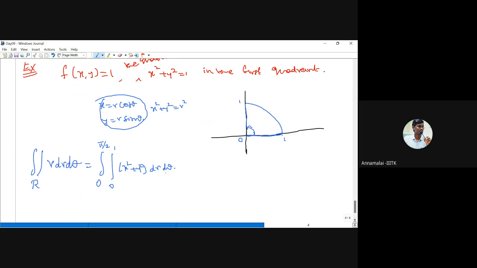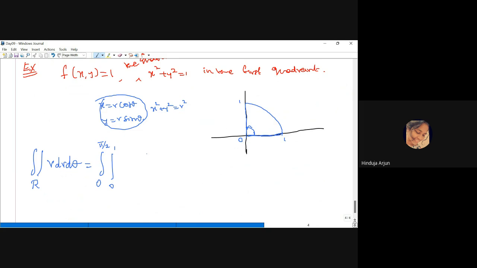Correct or not? Yeah, no, maybe, sorry, we can read it again. So what is r from there? So I think r square dr, no, I think d theta, the function itself. Sorry, tell me again.